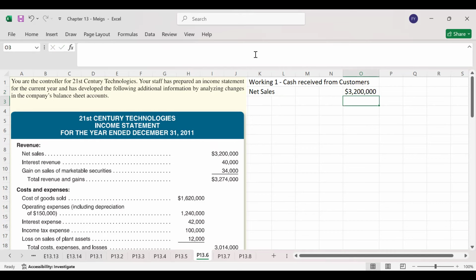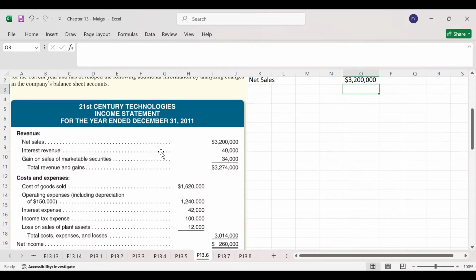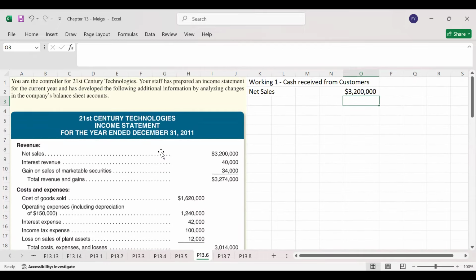Then we can see if there is any increase or decrease in accounts receivable. Here you can see accounts receivable is increased by $60,000. When accounts receivable increases, this means that a portion of sales revenue reported during the period has not been collected in cash. That's why, in order to get actual cash received from customers, we deduct any increase in accounts receivable.